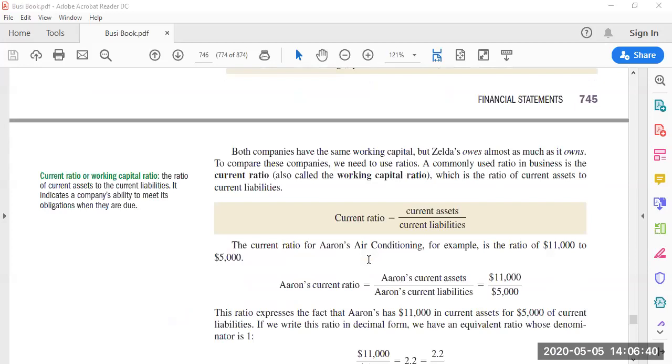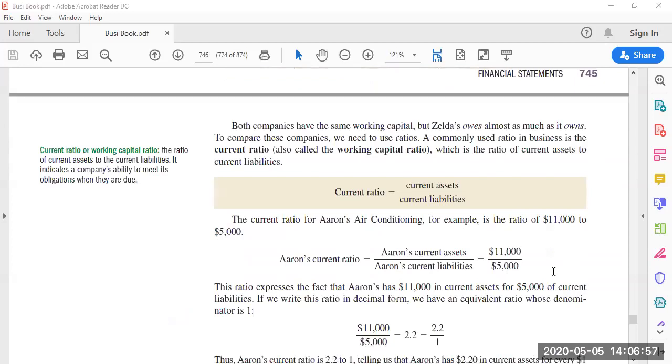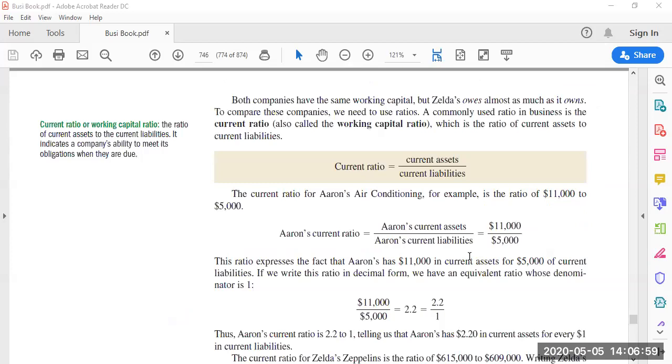Current ratio is found by taking current assets and dividing it by your current liabilities. In the situation with Aaron's Air Conditioning Company, his current ratio is 2.2. Current assets of 11,000, divided by current liabilities of 5,000, gives us a value of 2.2.